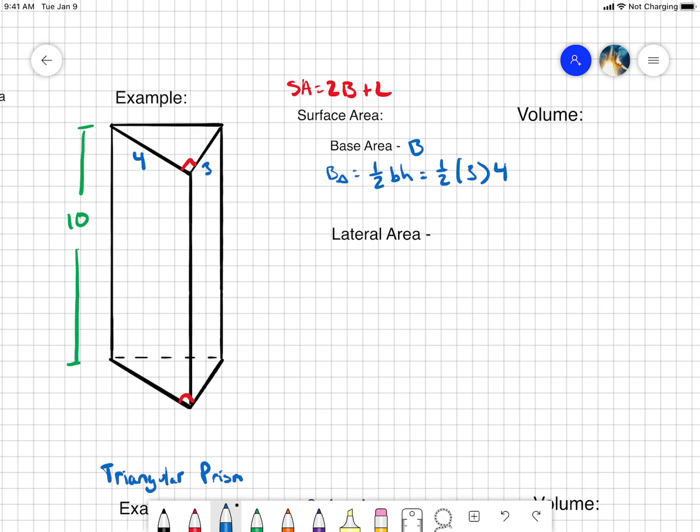So, since again my B is going to equal 3, and my H is going to equal 4, the area of this triangle then is 1/2 times 12, which is equal to 6. So far what I have is 2 times 6, and then we need to find what the L is.